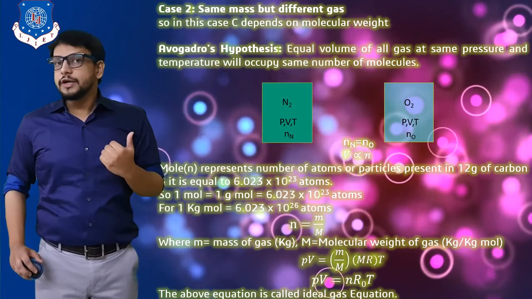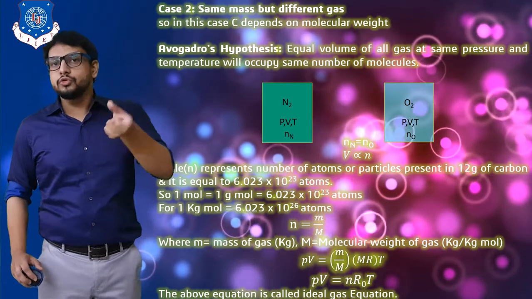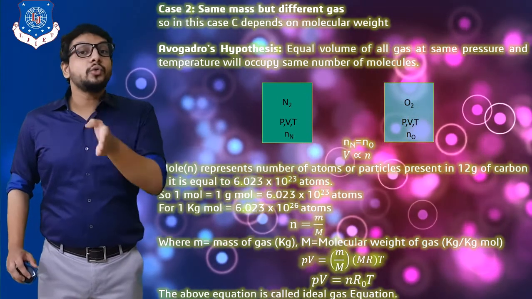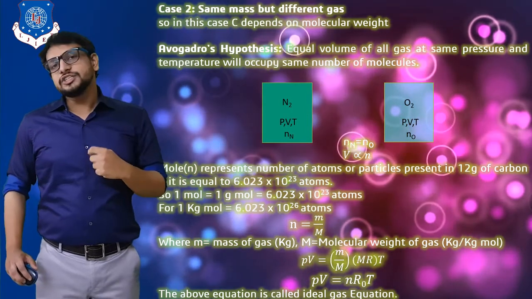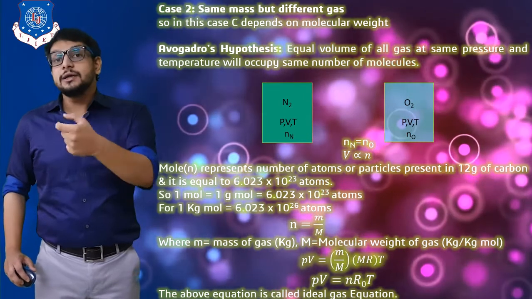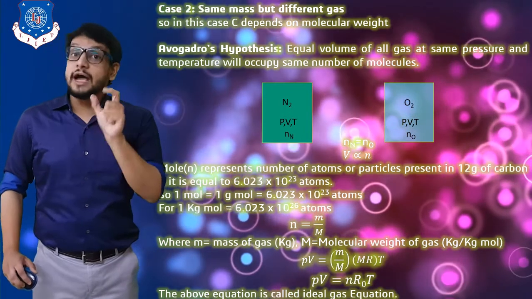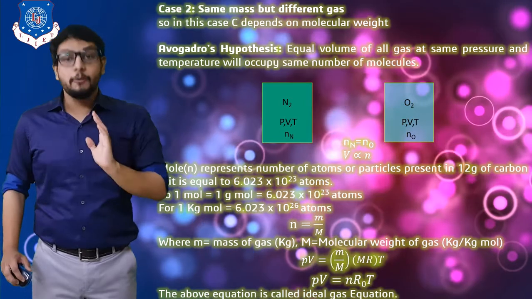What is the molecular weight of oxygen gas? The atomic mass is 16, so the O2 molecular mass will be 32. So we call it 32 kg per kg mole. Similarly, for nitrogen, N2, it is 28 kg per kg mole. So we would say 28 kg is the mass of nitrogen gas for 1 kg mole. We need to spell it in this form.